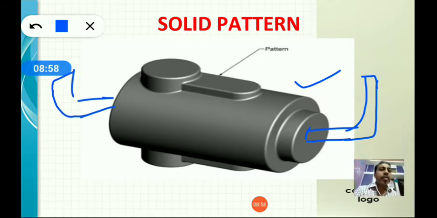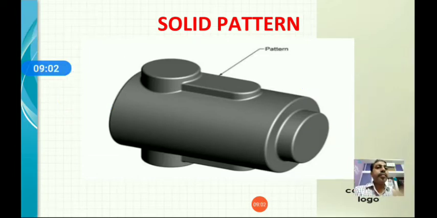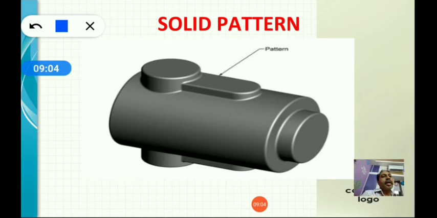That's why it is called a single pattern or solid pattern. We have to produce the runner, riser, and gate separately in our mold. It is a very simple pattern, very solid, and that's why it is called a solid pattern.